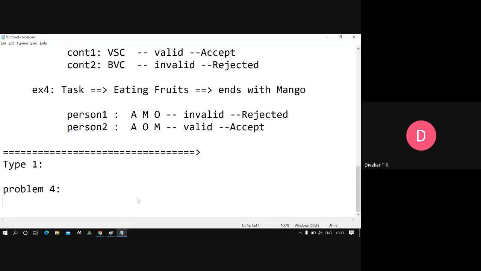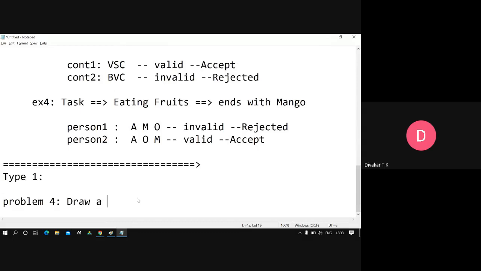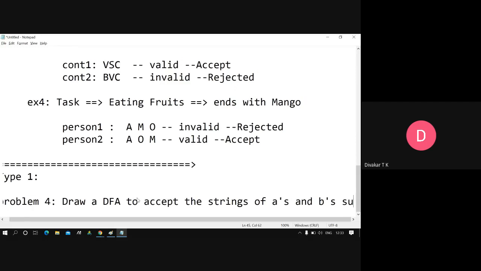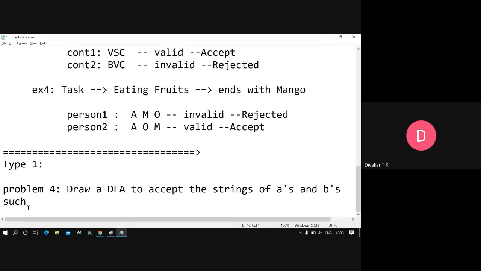Now I'll say: draw a DFA to accept the strings of A's and B's such that the string should end with AB.